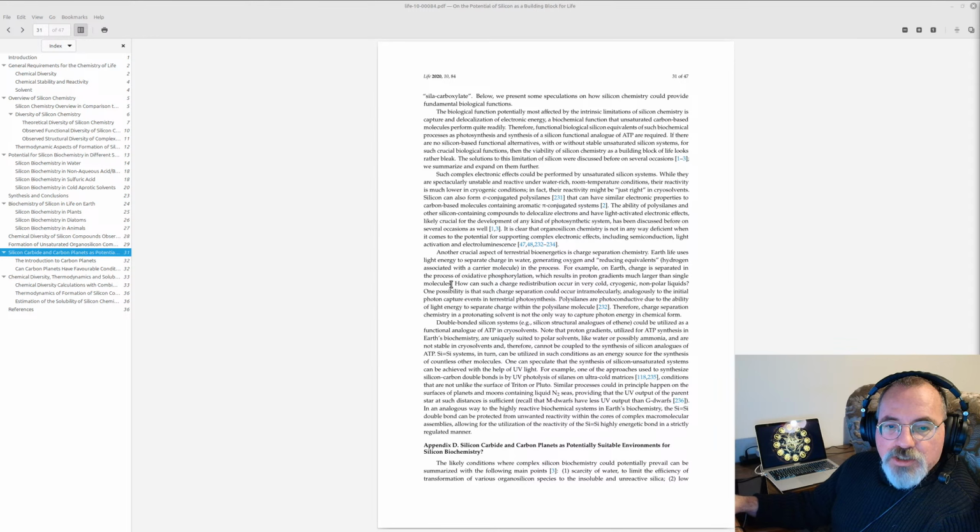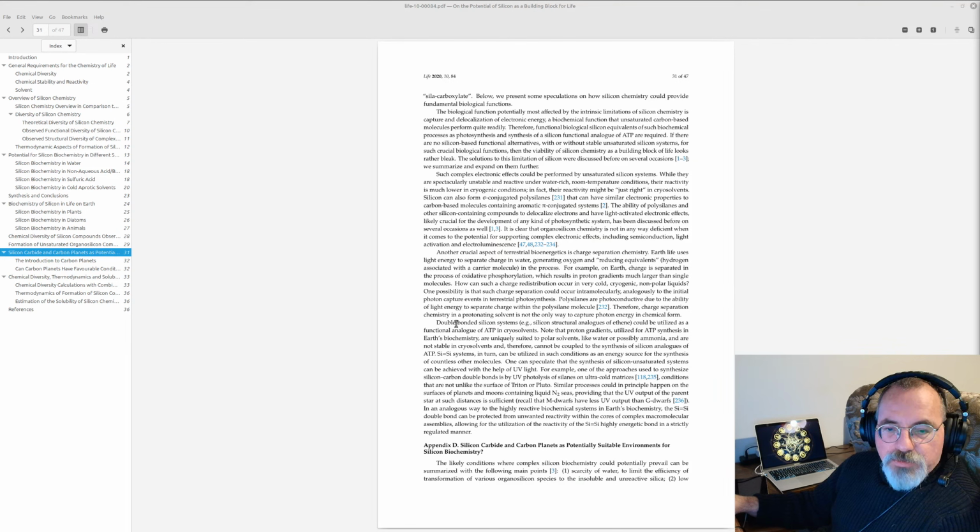How can such a charge redistribution occur in very cold cryogenic nonpolar liquids? One possibility is that such charge separation could occur intramolecularly, analogously to the initial photon capture events in terrestrial photosynthesis. Polysilanes are photoconductive due to the ability of light energy to separate charge within the polysilane molecule. Therefore, charge separation chemistry in a protonating solvent is not the only way to capture photon energy in chemical form.